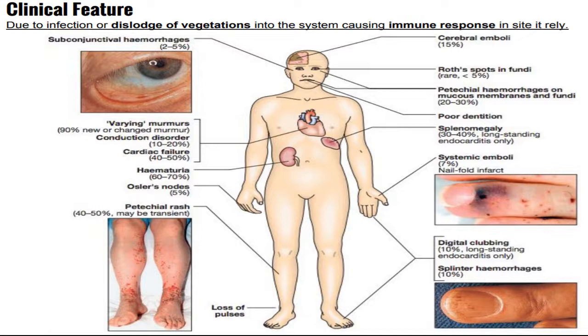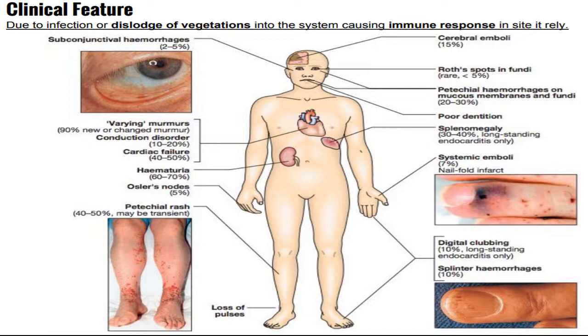Systemic emboli, nail fold infarcts, splinter hemorrhages, and digital clubbing will also be seen if there is cyanotic congenital heart disease or the child has long-standing endocarditis. Subconjunctival hemorrhages are seen in 2 to 5% of cases. A new or changed murmur is seen in 90% of cases of infective endocarditis.